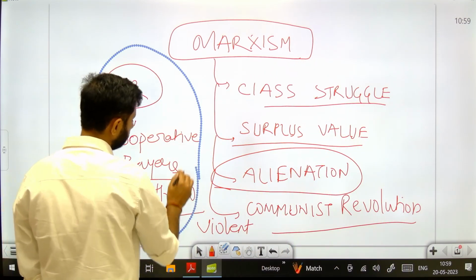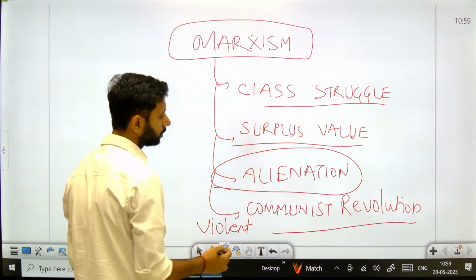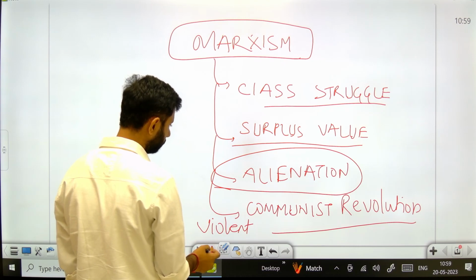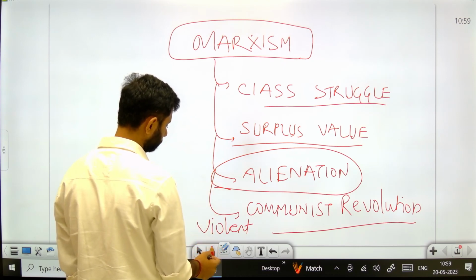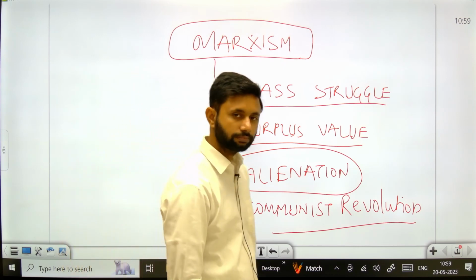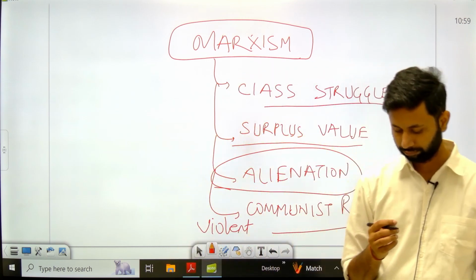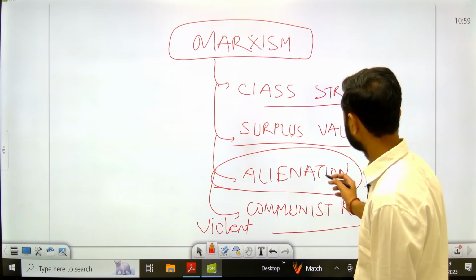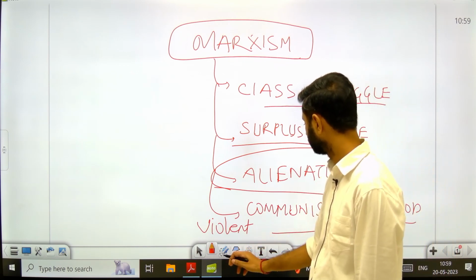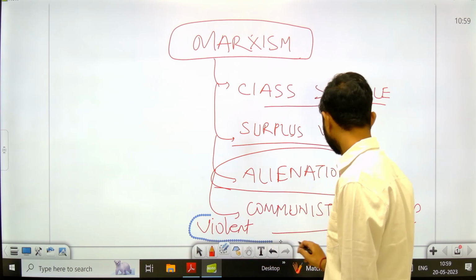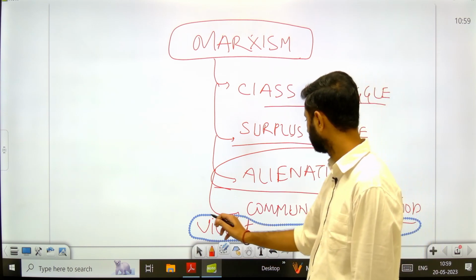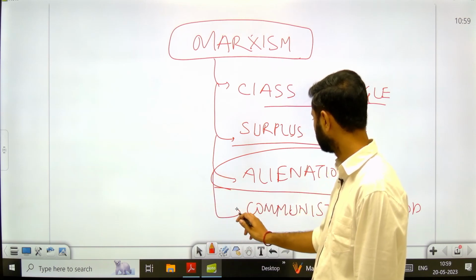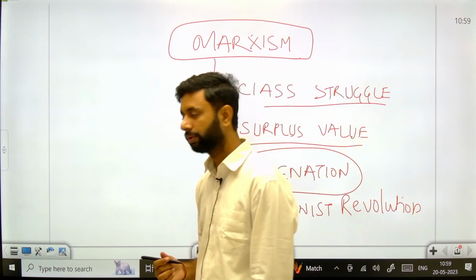Now all of you, please relate these terms with industrial relations. Please try to do that. I'll explain then. Class struggle. Think about it. Treat them based on industrial relations, stakeholders.